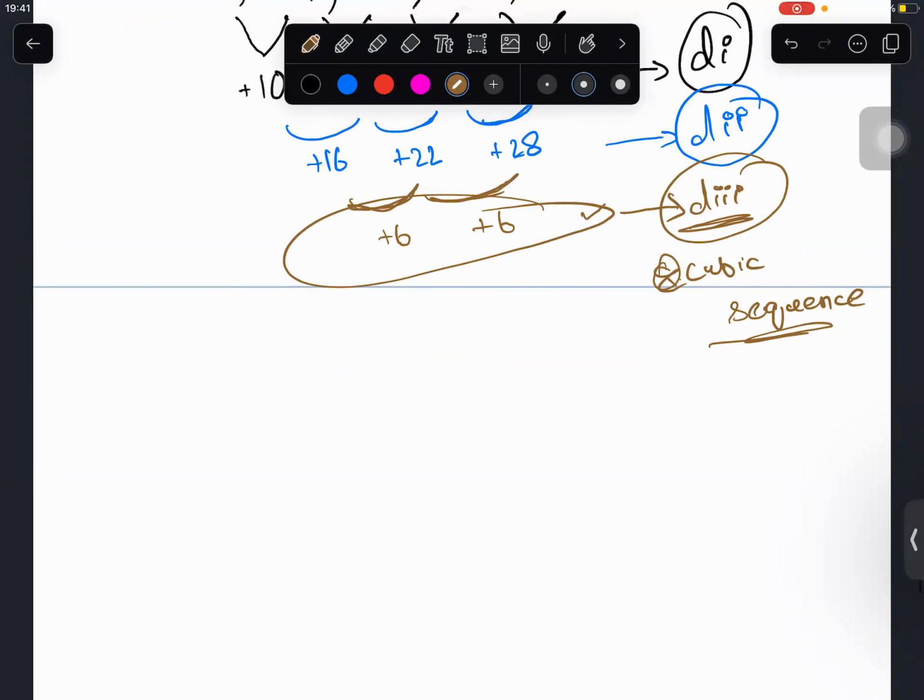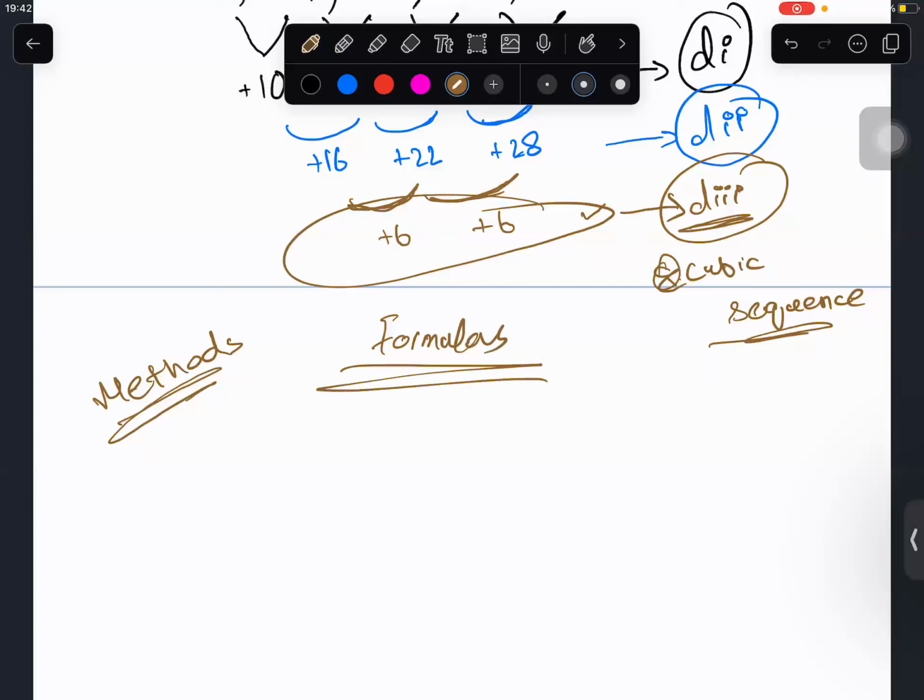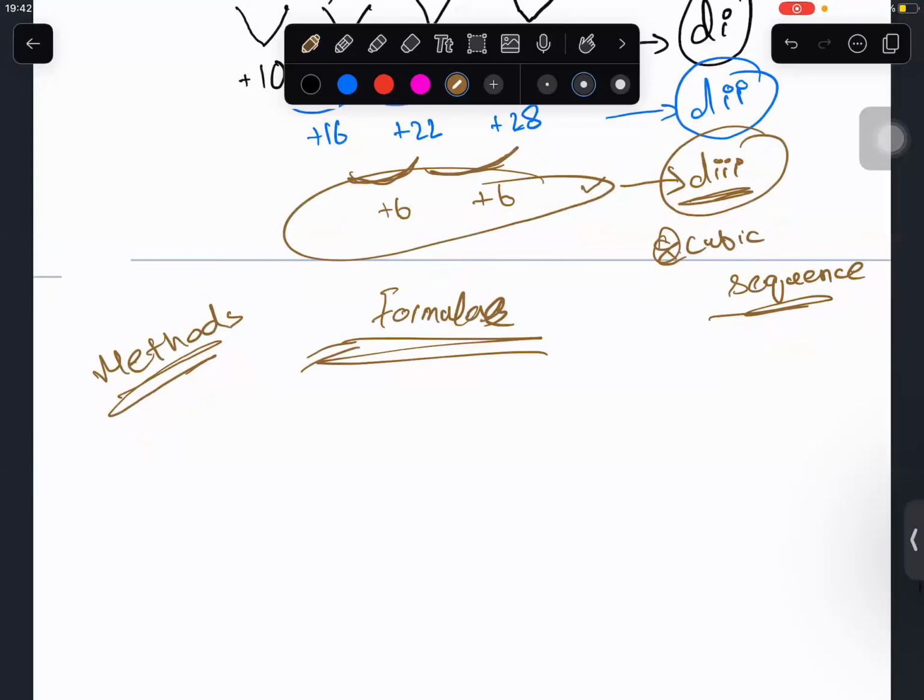See, previously up until now, you only had to memorize the methods, right? The methods of solving linear or quadratic sequences. If you memorize the steps, you'll solve the question. But this time you also need to memorize some formulas to solve the cubic sequence. So now let's talk about this.